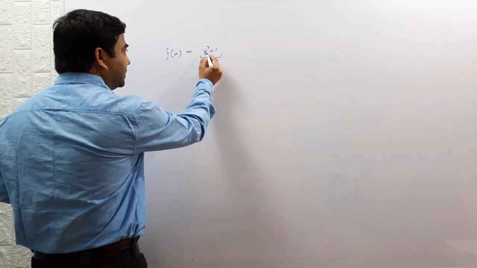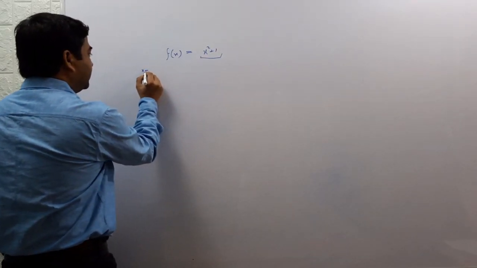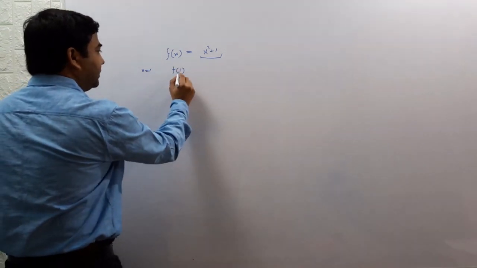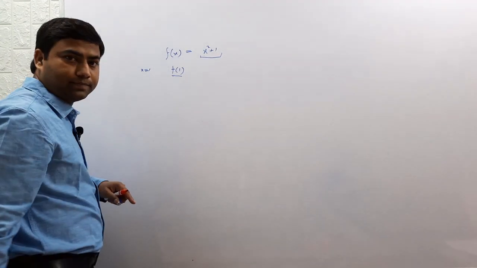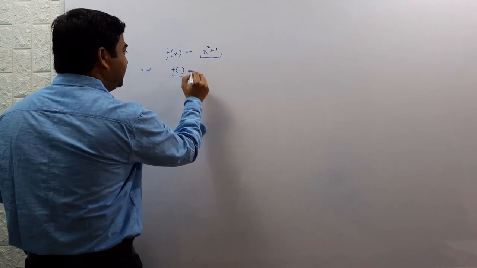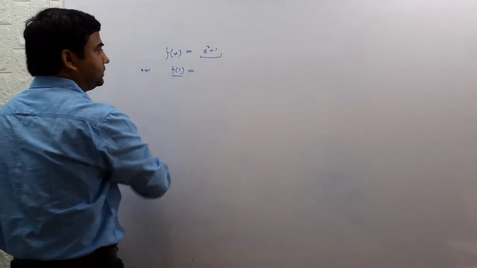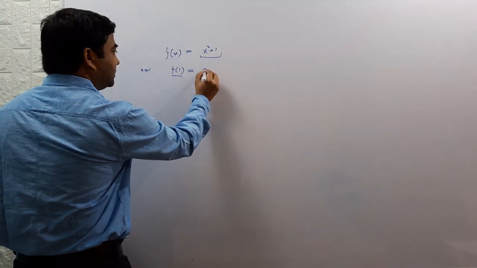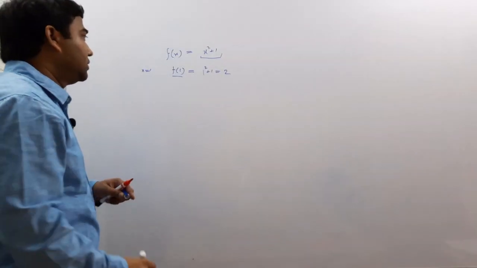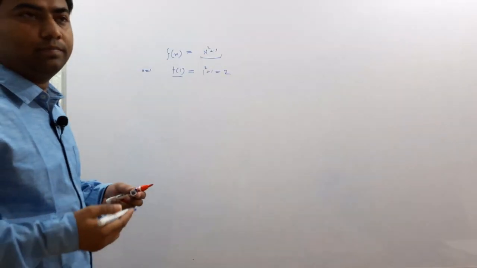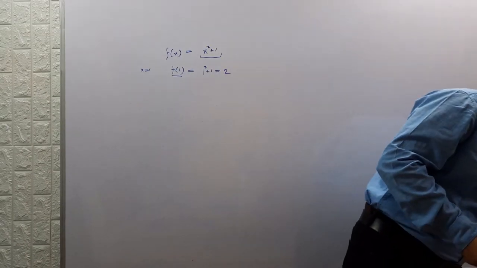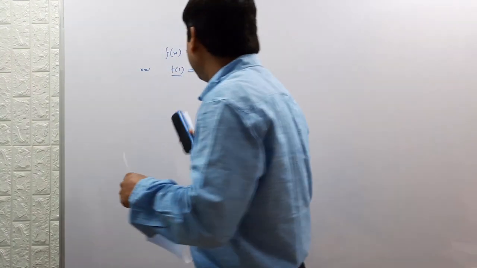When we insert a value, suppose x is equal to 1, the function will attain a value denoted by f(1), and this f(1) will be calculated based on this rule. So f(1) is 1 square plus 1, equal to 2. So a function is just a rule by which we find the values for certain values of the variable.